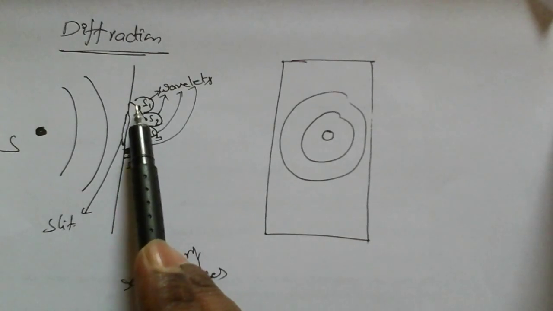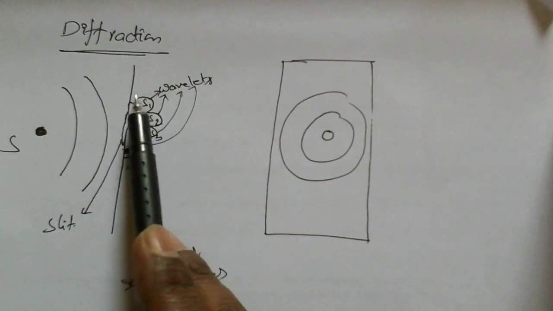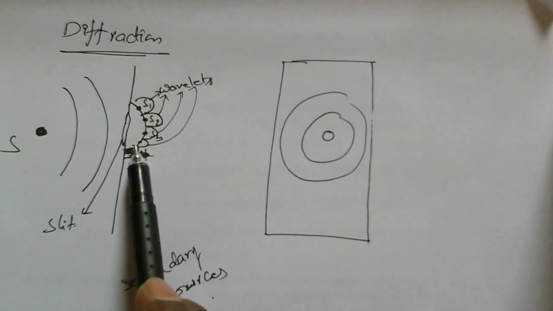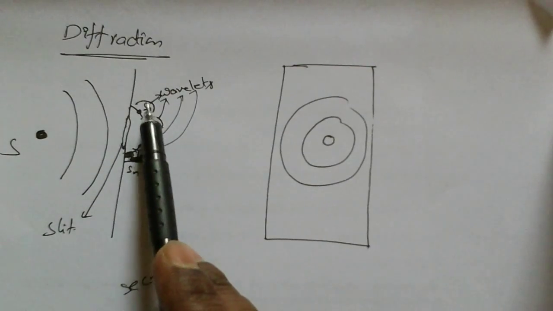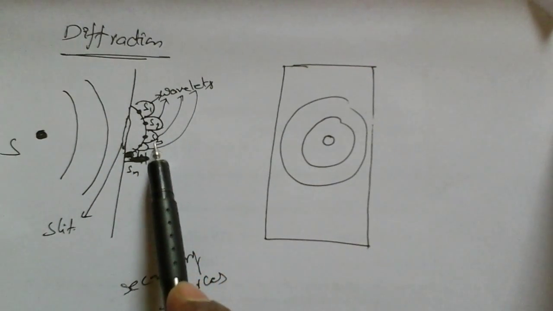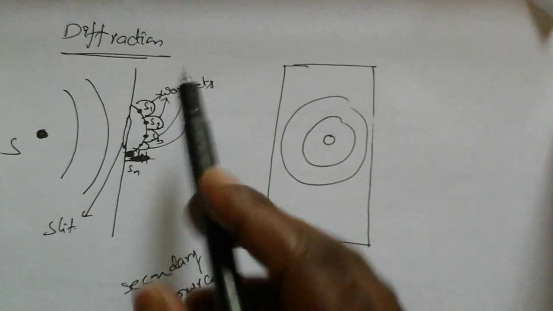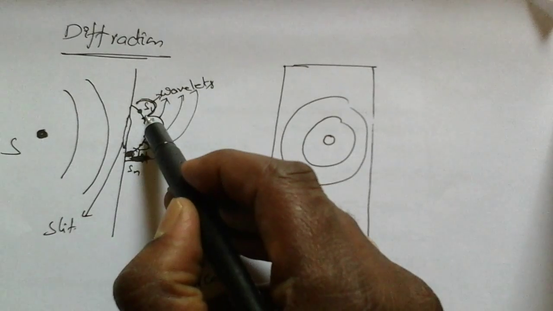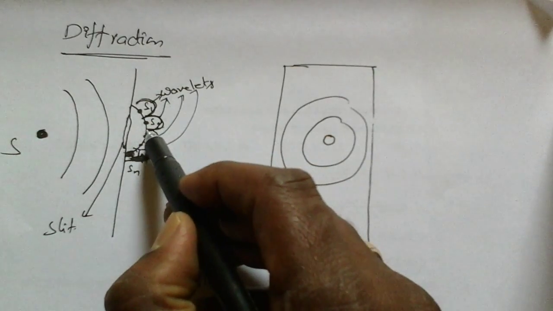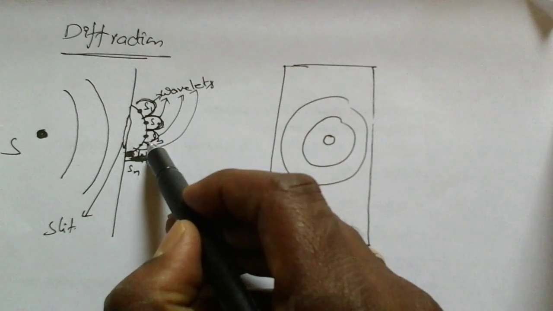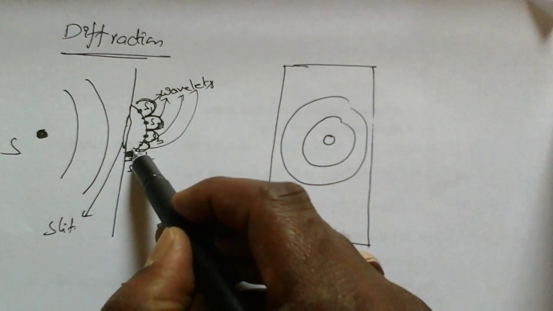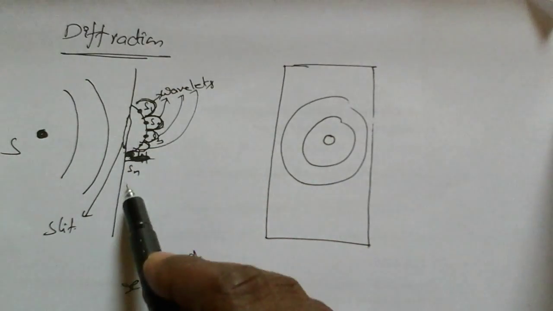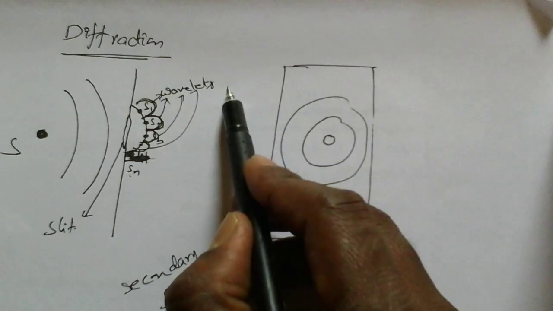From the secondary sources, small wavefronts are emitted like this. These wavefronts emitted from the secondary sources, from S1, S2, S3 and Sn, are all called wavelets.